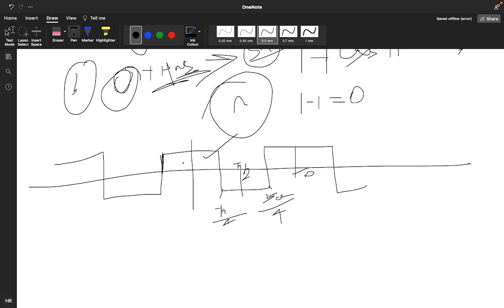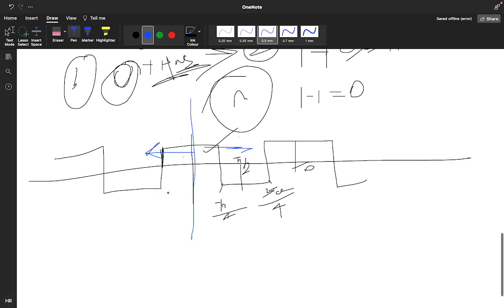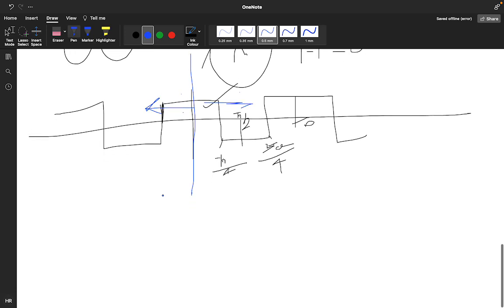Put a mirror like this: you are getting the same function on this side and this side, so the signal is even.